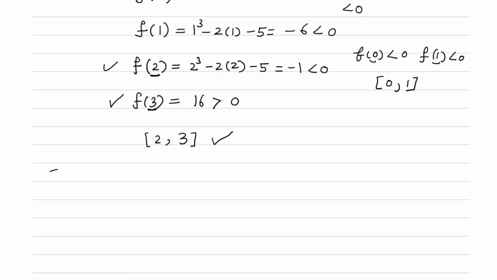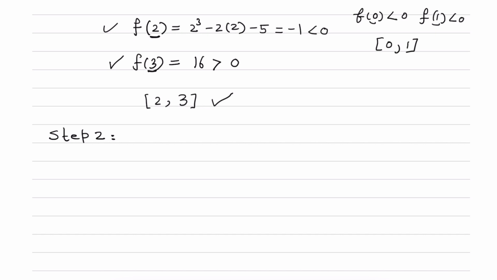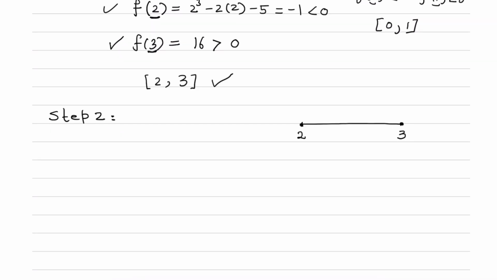Now for the bisection method, which is also called the interval halving method, we start step 2 by drawing an interval. On one end of the interval you have the number 2, on the other end the number 3.